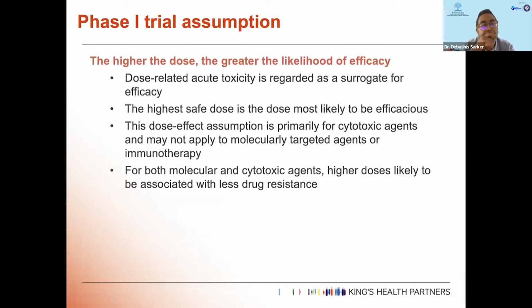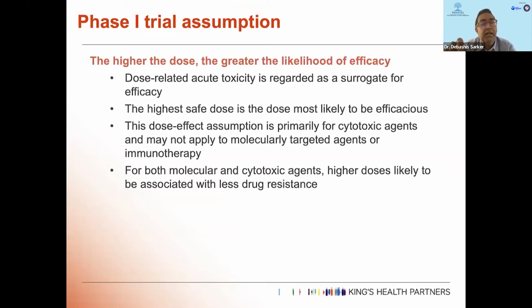Another assumption that we've historically had is the higher the dose, the greater the likelihood of efficacy. So we use dose-related acute toxicity almost as a surrogate for efficacy. The highest safe dose is the dose most likely to be efficacious. And the dose effect assumption is for cytotoxic agents. However, perhaps there are slight differences between cytotoxics and, for example, molecularly targeted therapies.